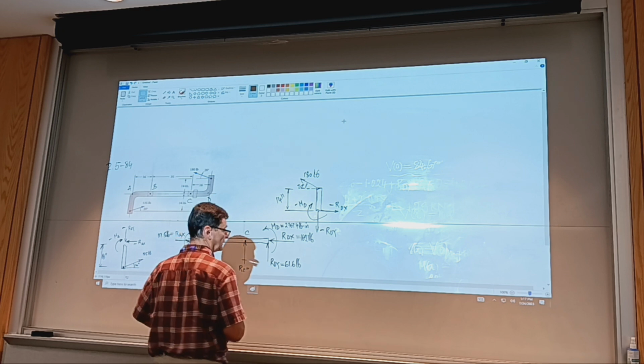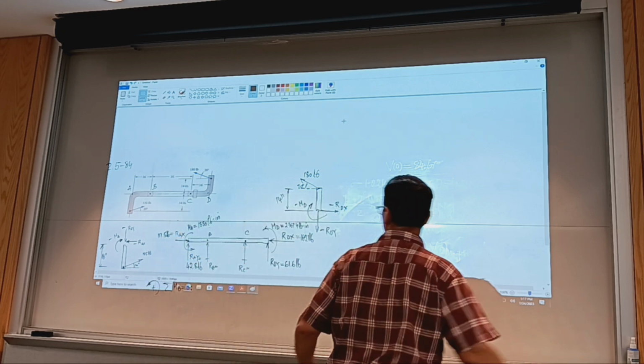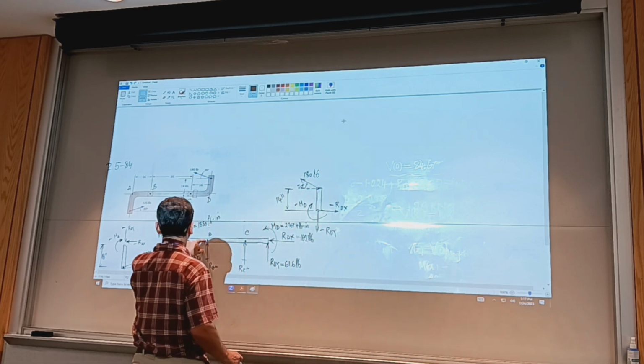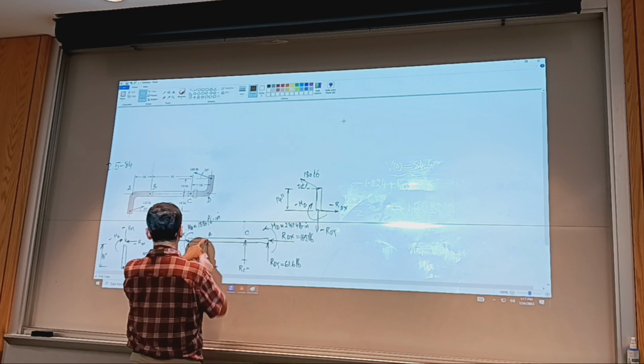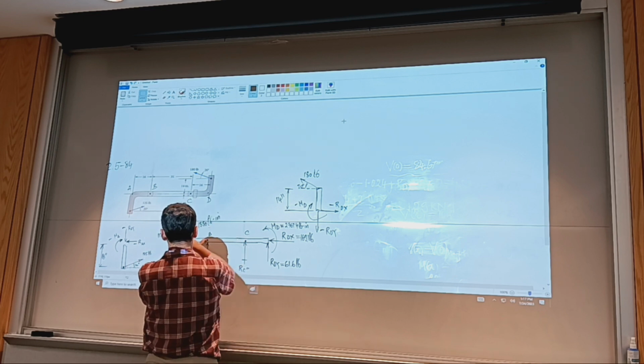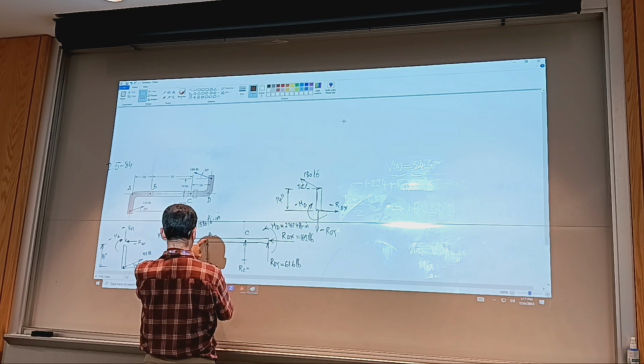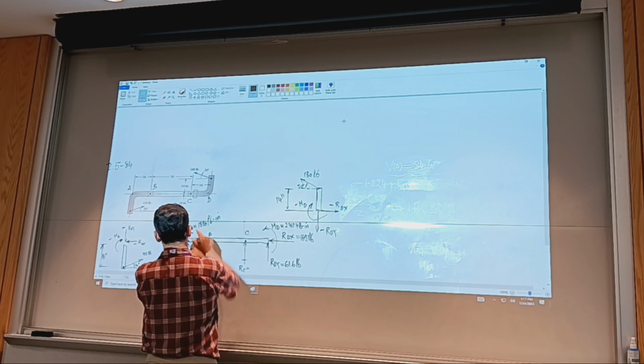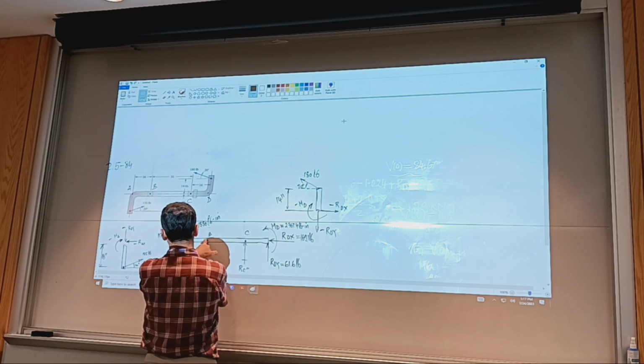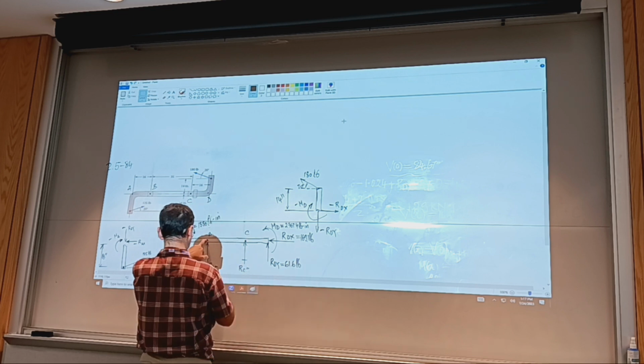So what do we have? Again, this is the pin point. Starting with MA, it's in my positive counterclockwise direction, so it's 1880. Then the axial, the X forces do not produce moment.